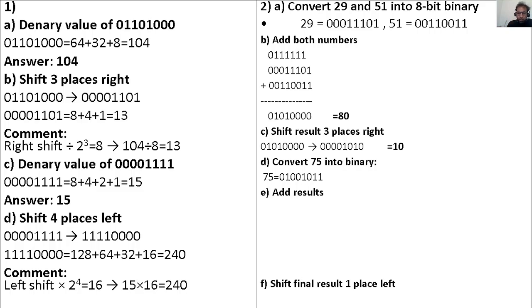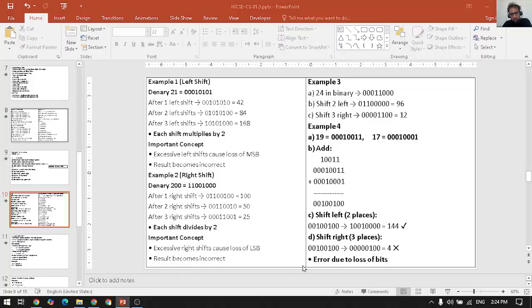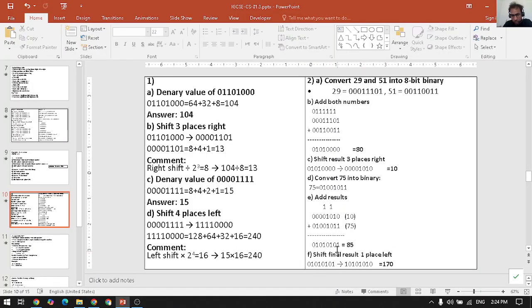Now there is another number, 75. If we convert it into binary, it becomes this. You can study that in the previous lectures. Add 75 and 10. This is how you do the binary addition. 0 plus 1 is 1. 1 plus 1 is 0, and 1 is the carry. Let me correct this. 0 plus 1 is 1, 1 plus 1 is 0, and 1 plus 0 plus 0 is 1.